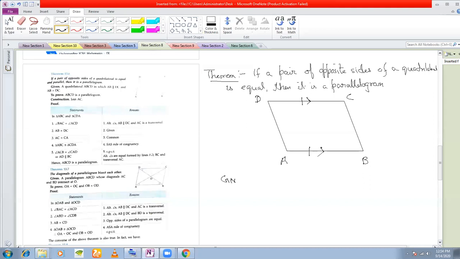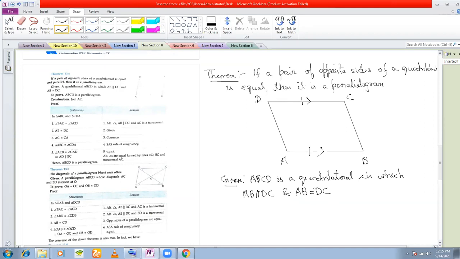So given: ABCD is a quadrilateral in which AB parallel to DC, and AB is also equal to DC.